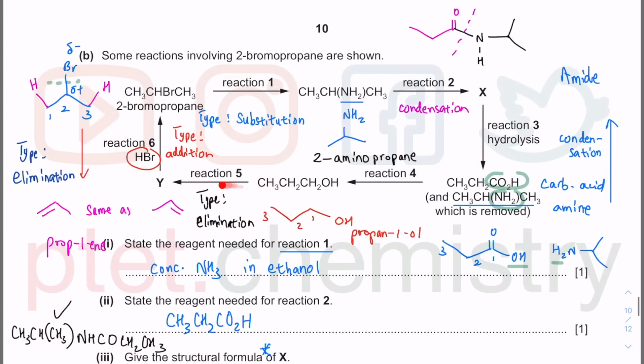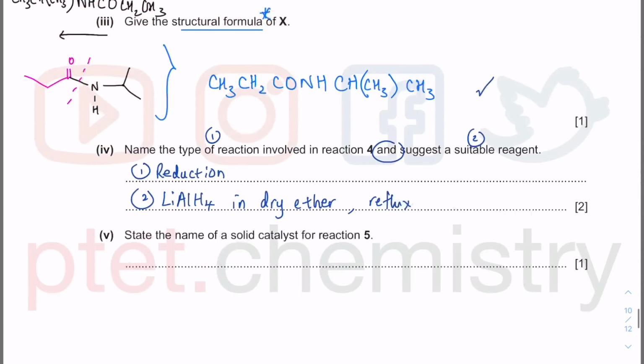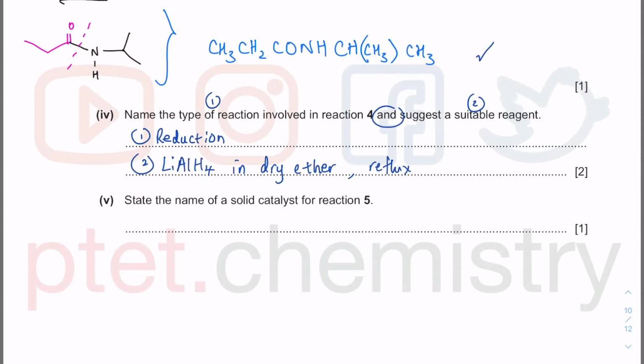For reaction 5, this is the elimination of H2O from alcohol to give you alkene. You can do this with concentrated sulfuric acid as your reagent, but this particular question says what is a solid catalyst, so you can do it via a different method where you just heat it over Al2O3 or SiO2.